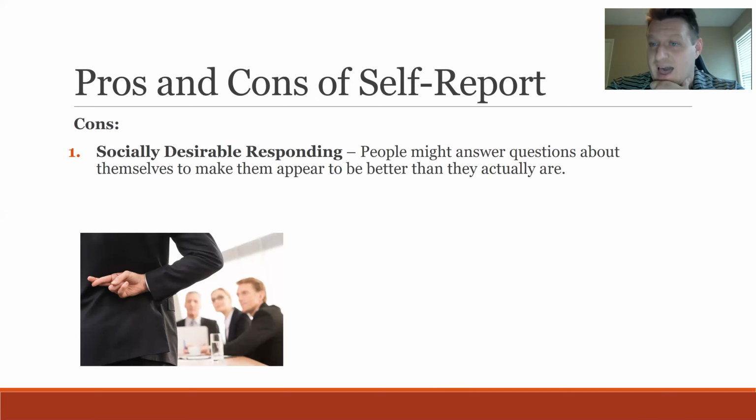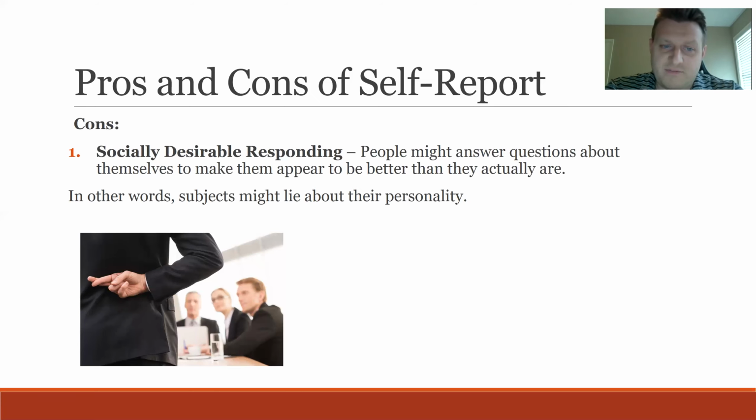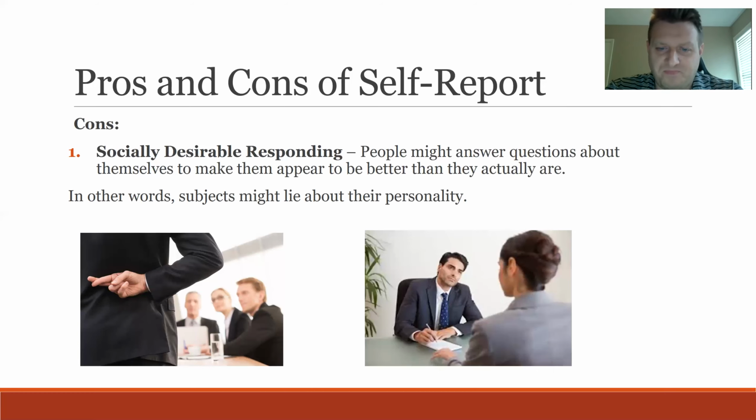So people might lie to try to make themselves seem better than what they really are. They might try to lie to be more agreeable, less anxious, more open to new ideas. So that's a huge problem with self-report. People have an interest in making themselves seem better than what they really are. So we need to find a way to get rid of this problem, or at least address this problem.